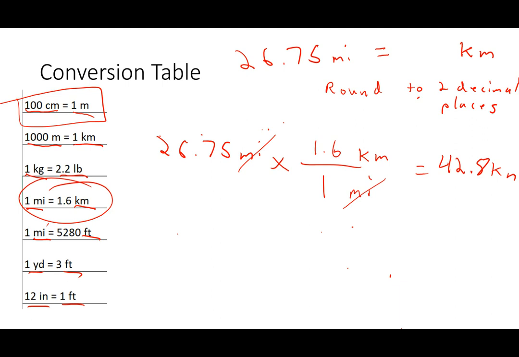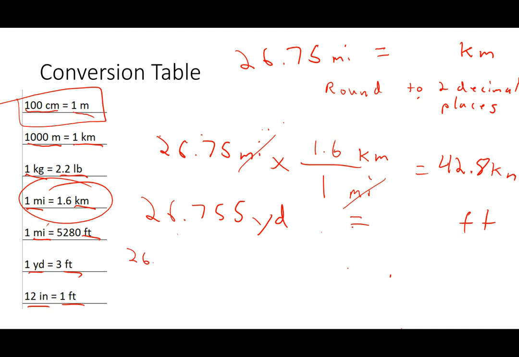Let's do another example where you do have to round to 2 decimal places. Let's say I have 26.755 yards. And I want to convert this to feet.